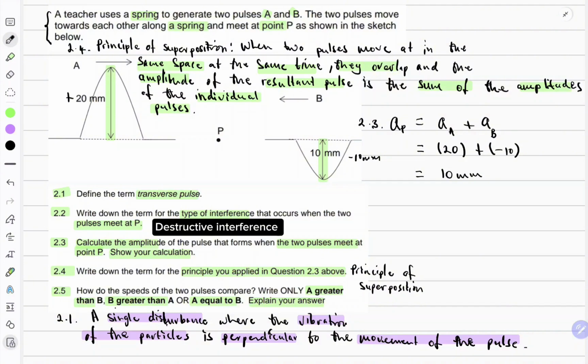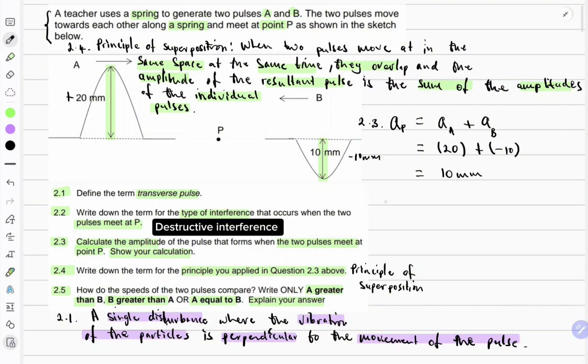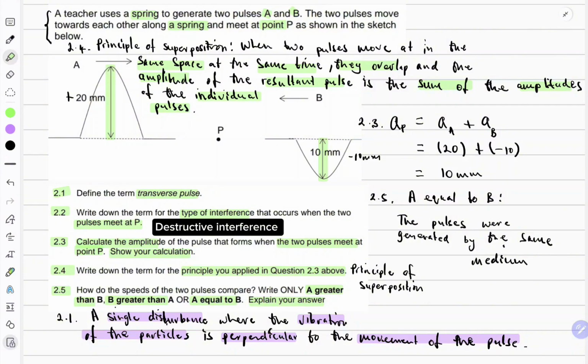So we can say A equals B, and the reason is the pulses were generated by the same medium, therefore having the same speeds.